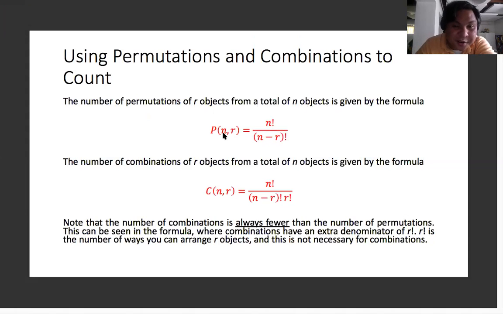Anyways, n here refers to the total number of objects you can choose from. R would be the number of objects that you would like to choose and arrange. So if you are going to choose R objects, which you need to choose in a particular order from n total objects, the number of ways this can be done is given by the formula n factorial divided by (n minus r) factorial.